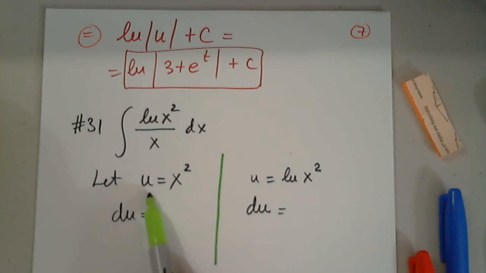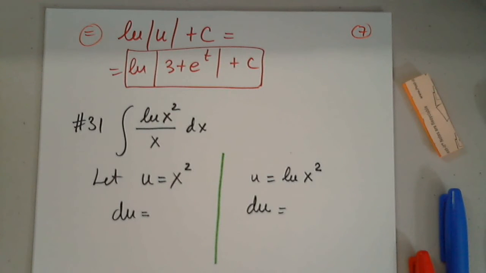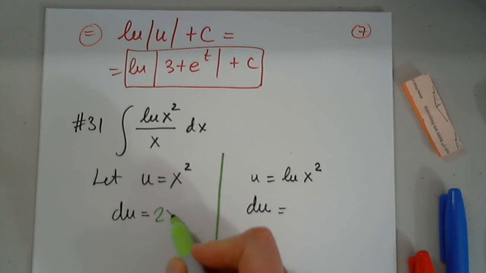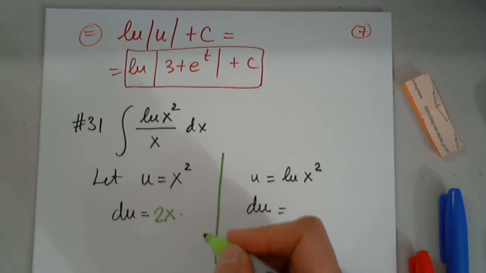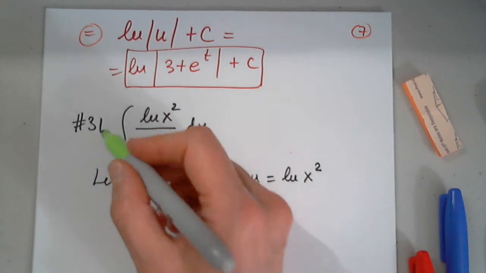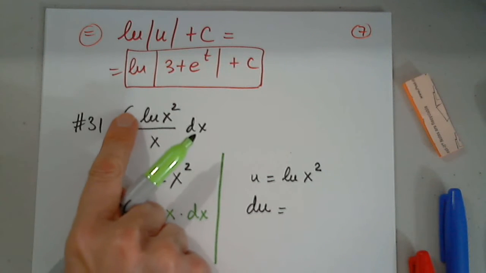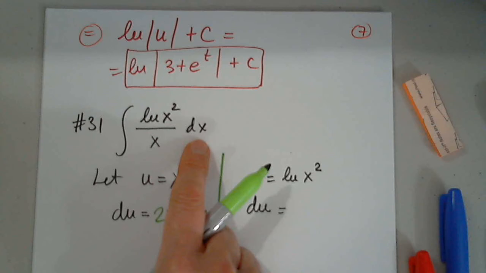If I use this substitution, what is du? Anyone? 2x. Careful, this is not the derivative. This is du times dx. I will have a hard time with this. The 2 is not a problem, 2 and 1/2. But how do I get an x in the numerator to be attached to dx?